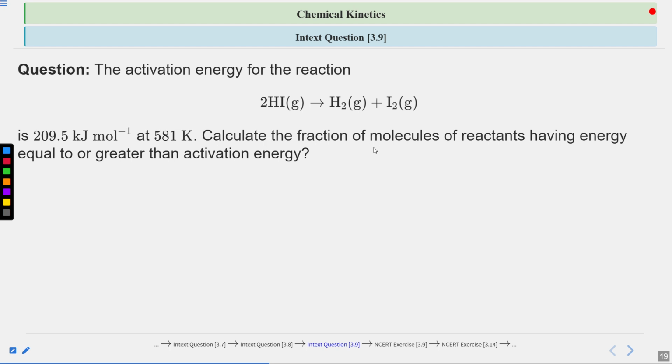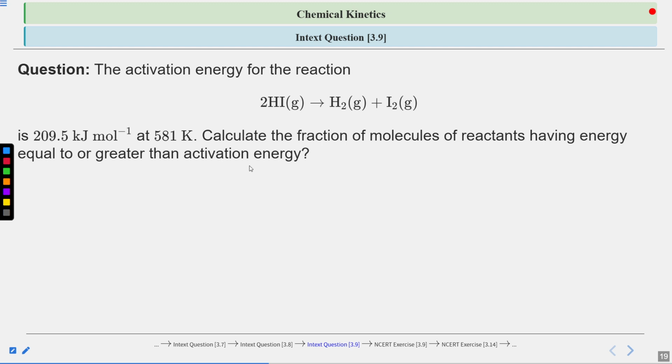Now calculate the fraction of molecules of reactants which have energy equal to or greater than the activation energy. That means from this reaction, what is the fraction of molecules of reactants having energy either equal to or greater than activation energy, that you have to identify. The activation energy is already given, 209.5 kilojoule per mole, right?